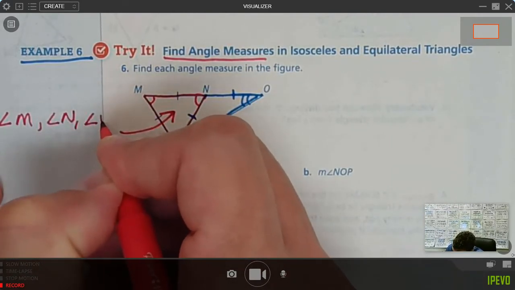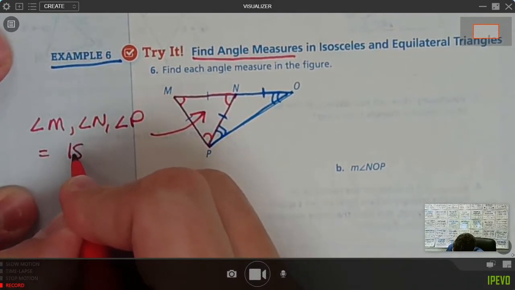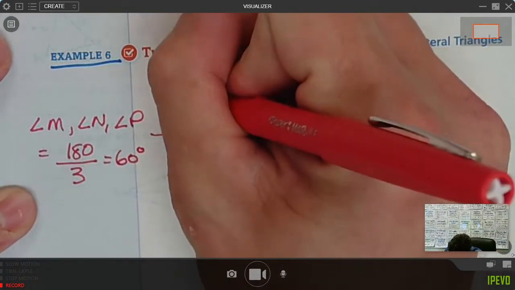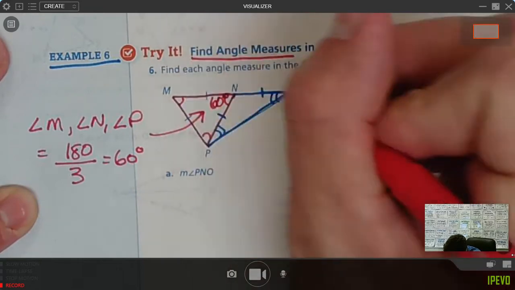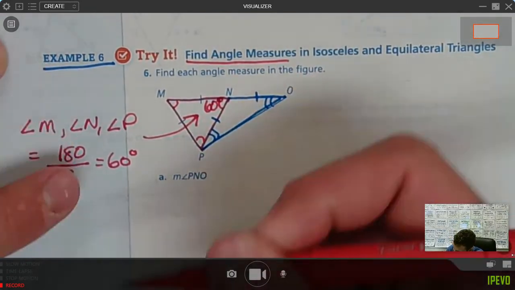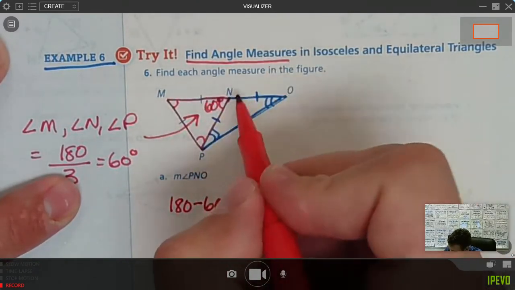To find that, we can take 180 and divide it by 3. That means all of these angles have to be equal to 60 degrees. So if this one's 60 degrees right here, then angle PNO has to be 180 minus 60, because these create a line. So now we get 120 degrees.